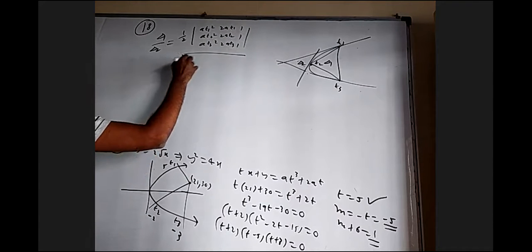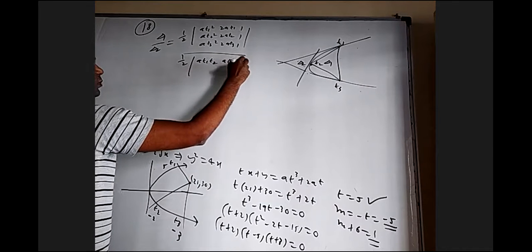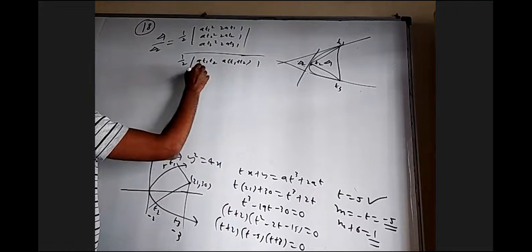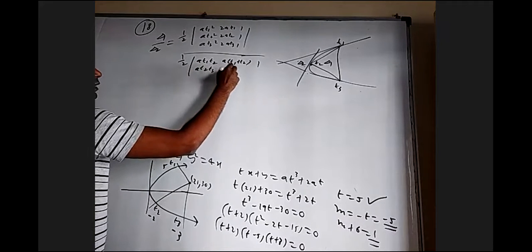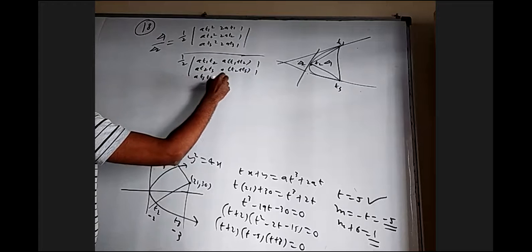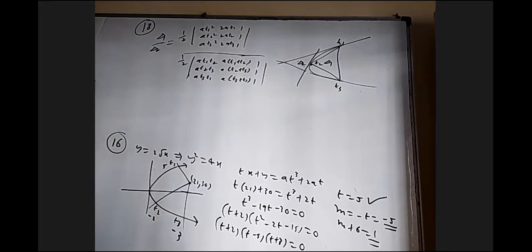The denominator is a T1 T2, a into T1 plus T2, 1, which is the point of intersection of tangents at T1 and T2; a T2 T3, a into T2 plus T3, 1; a T3 T1, a into T3 plus T1, and 1.